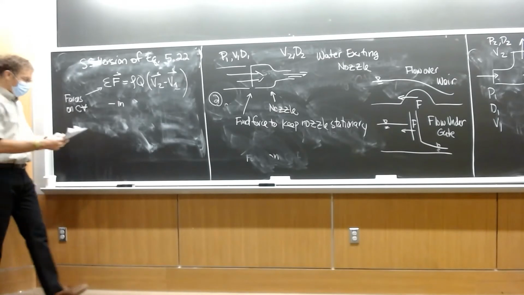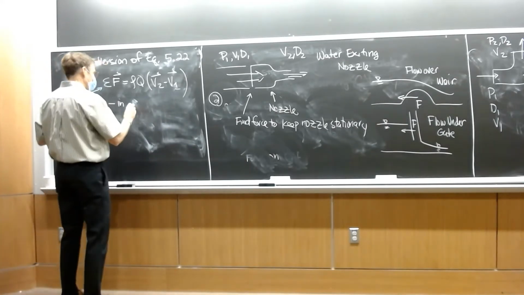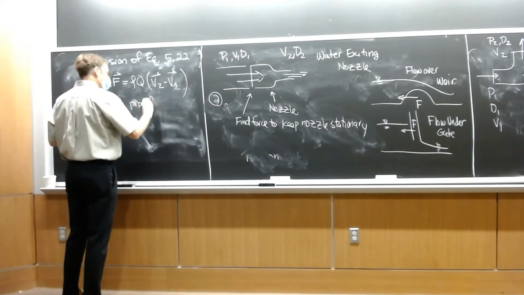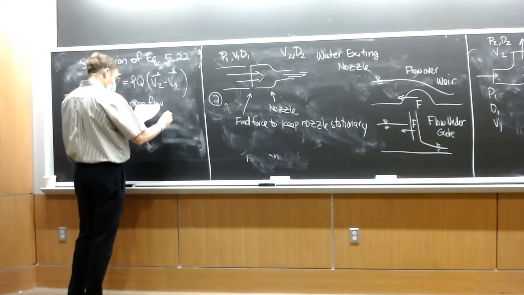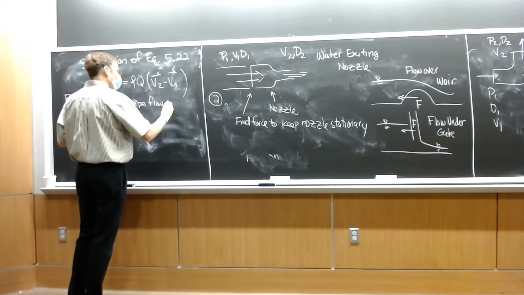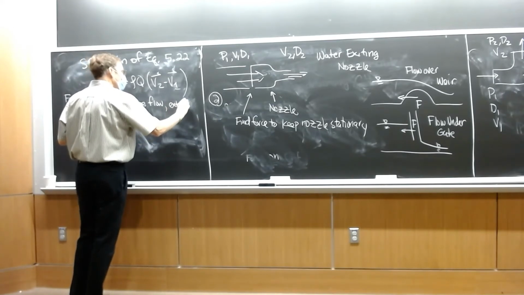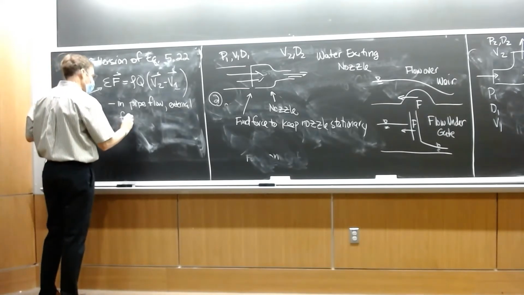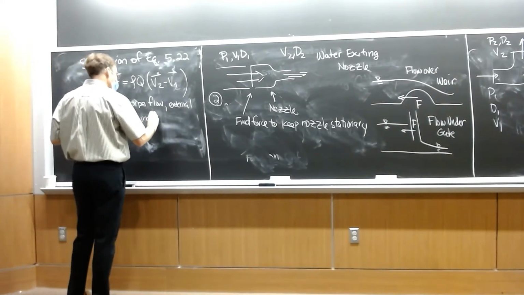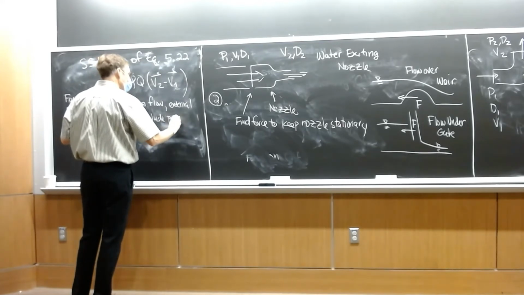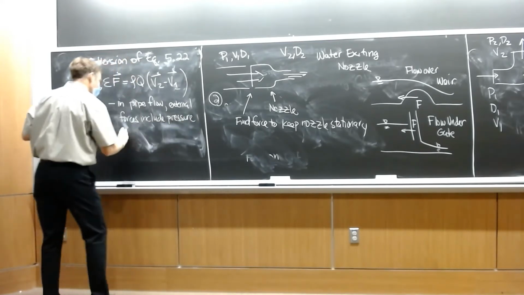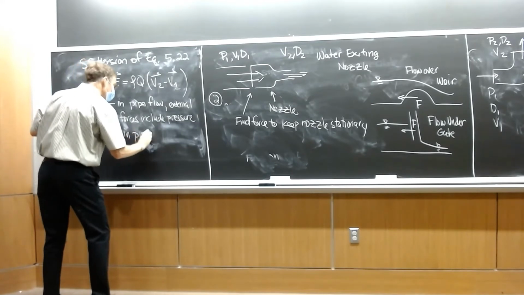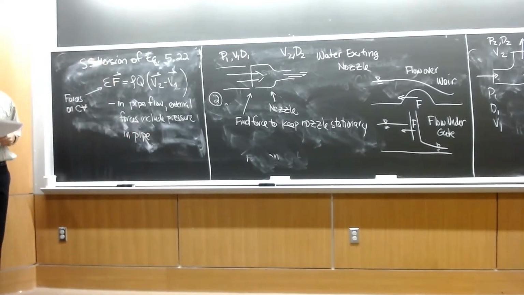And what that means is that in pipe flow, these external forces on the control volume includes the pressure in the pipe. And I'm going to do an example of that now to show you how all of this works out.